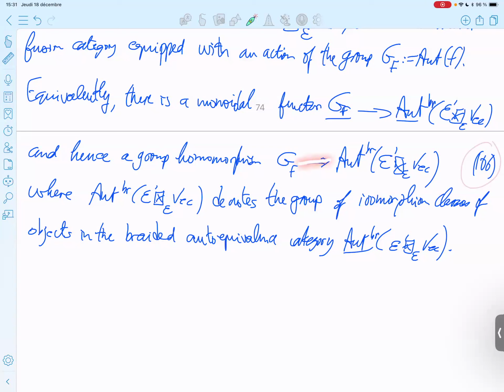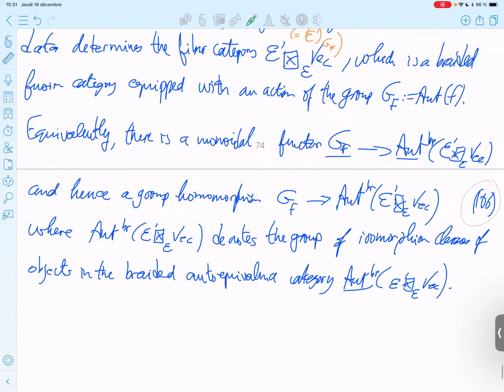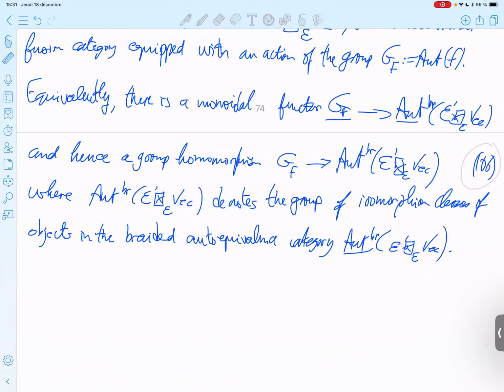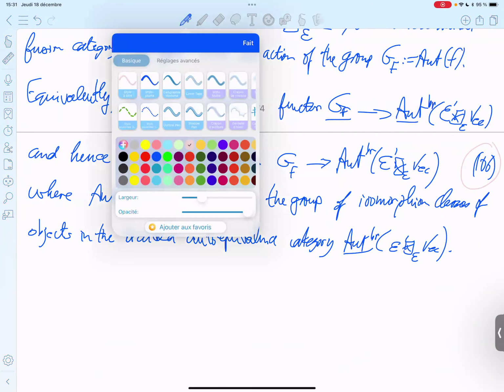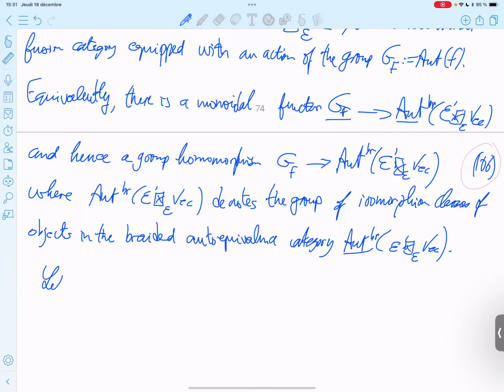Maybe this may not be injective, I don't know, so maybe the image does not completely recover G, but at least it recovers all the data we need. So the image of G_F is exactly the data we need. Let Gamma_EF be the image of this homomorphism. And in fact, we only need this group.